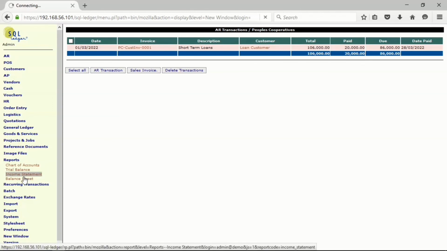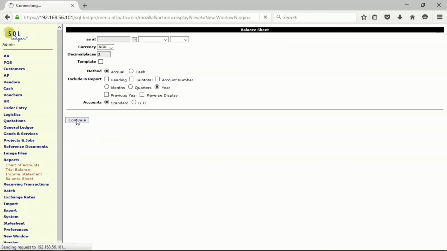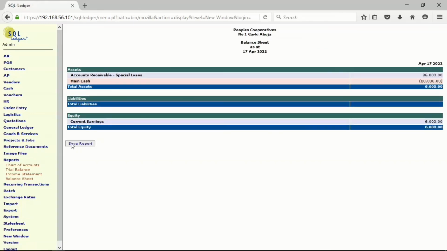We could check the income statement, and we see that we have been able to earn 6,000 from this transaction. When we look at the balance sheet, you notice that we have these balances here. So that is what it means to have a loan disbursement account.